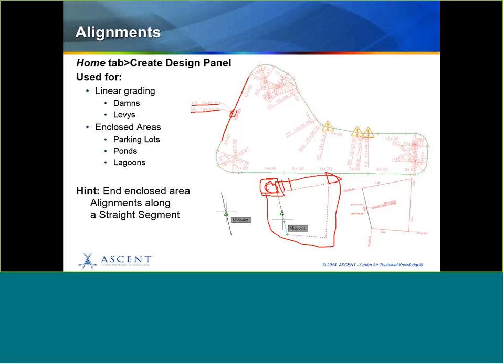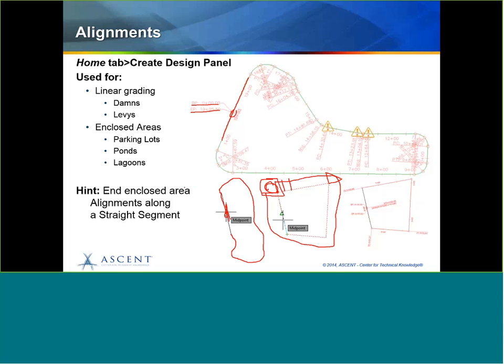So there's a couple of things that you can do. One thing is you can actually use the transparent command, the bearing and distance command, to make sure that it starts and ends at the same bearing. Or one thing that I like to do, I like to cheat. I'll create a line in my drawing, and then I'll start my alignment at the midpoint of that line, go up to the end point, and then create the alignment the rest of the way around.